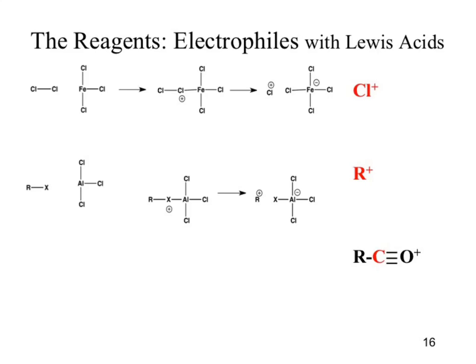Why is the oxygen not an electrophile? It has a positive charge. Aren't things that are positive supposed to act as electrophiles? What does an electrophile need to do? What's the definition of our electrophile? Accept electrons, and then we have to take it a little bit further.